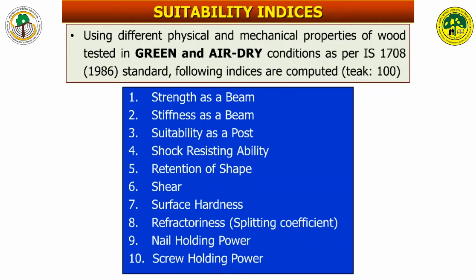These suitability indices are strength as a beam, stiffness as a beam, suitability as a post, shock resisting ability, retention of shape, shear, surface hardness, splitting coefficient, nail holding power, and screw holding power. These are 10 different types of suitability indices.